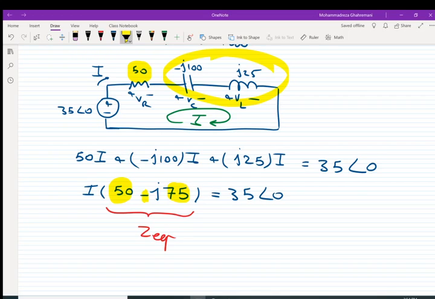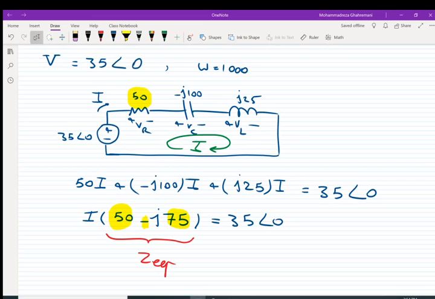For the capacitor we have negative 100, and for the inductor we have 25, and that's the reason we have the negative imaginary part. So we can call this a capacitive reactance, because the capacitor has a higher value compared to the inductor.